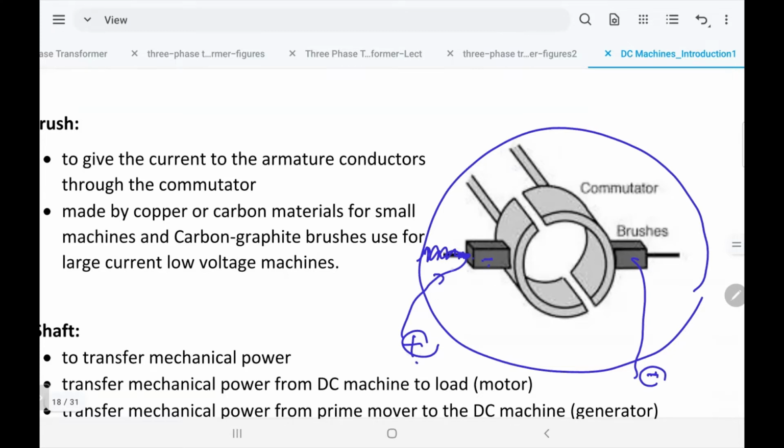So all the time the current flows from the positive through this part, while the commutator rotates, supplying current to the coil so it rotates. The negative comes to the other brush. That is how they suspend the brushes to the stator, always pressing on the commutator to make good contact.